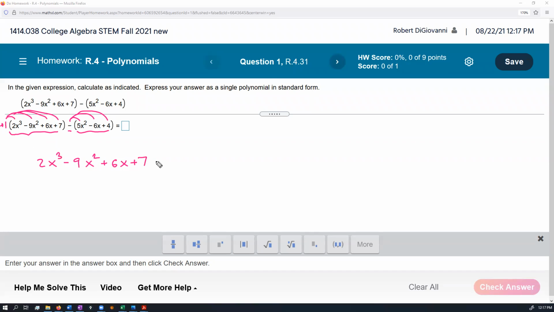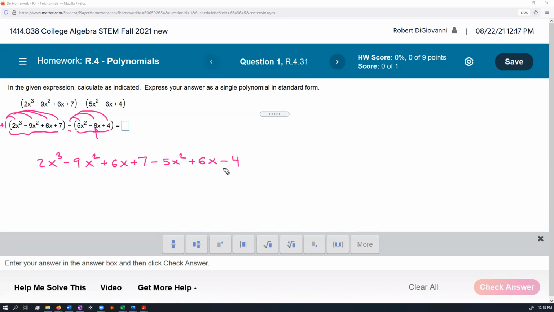And then we have minus, we're distributing minus 5x squared. And then we'll have plus 6x because it changes the minus in front of the 6x to a plus. And then it changes the plus 4 to a minus 4. So this is the new expression with no parentheses.